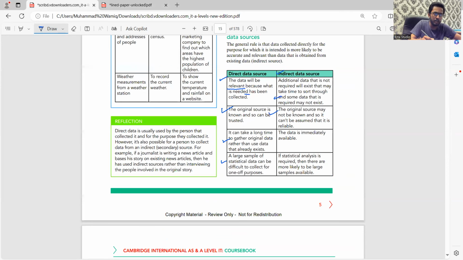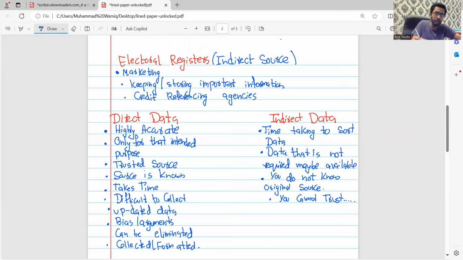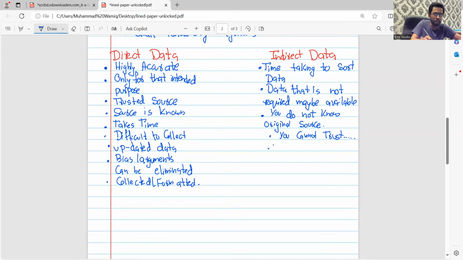And the data is immediately available. Yes, you do not need to collect it. This is immediately available, ready to work on, quick, fast.